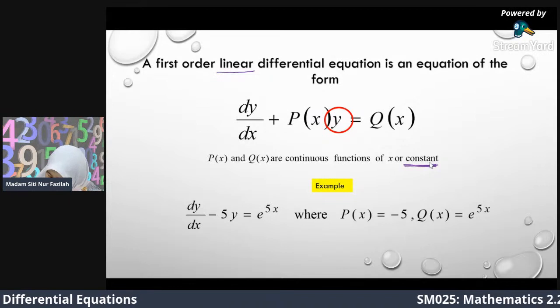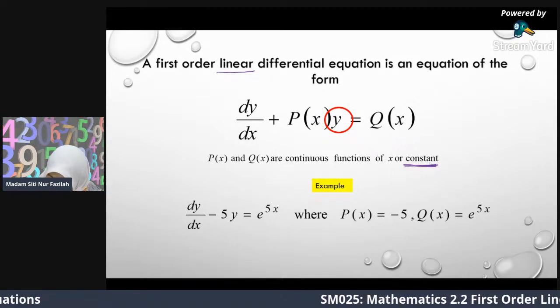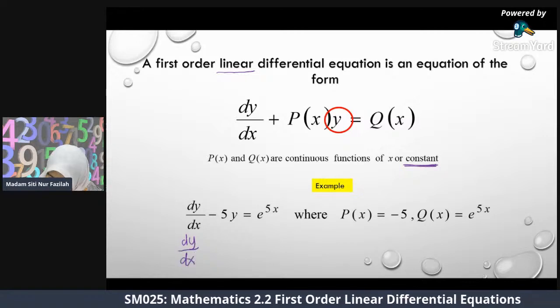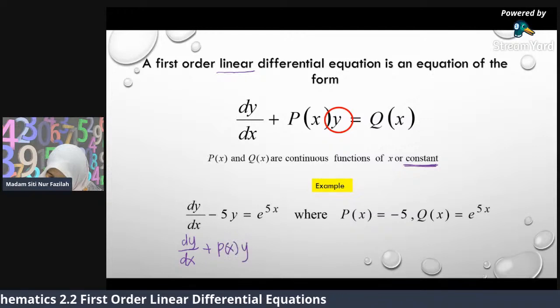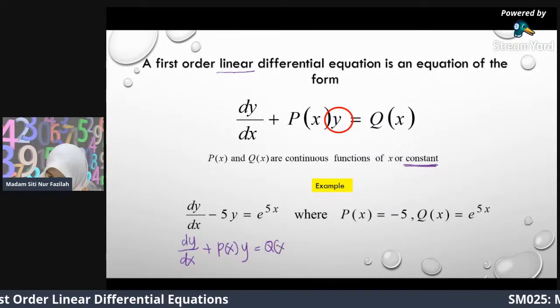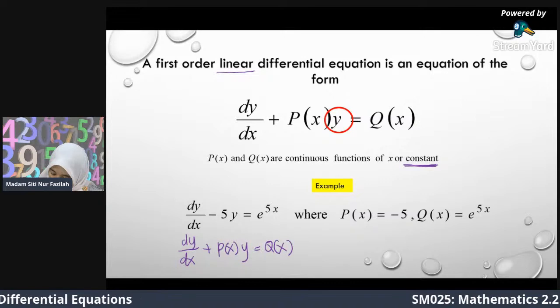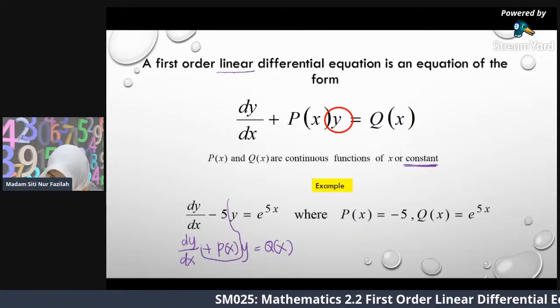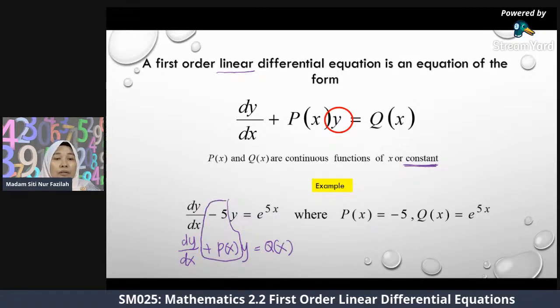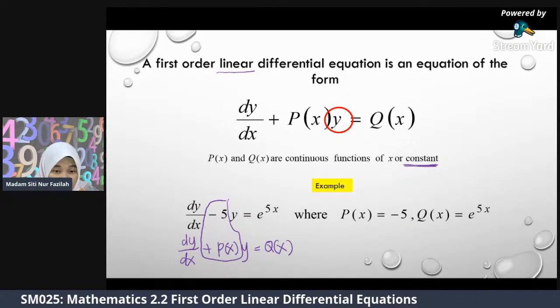Comparing with the standard form, what is the function p(x)?